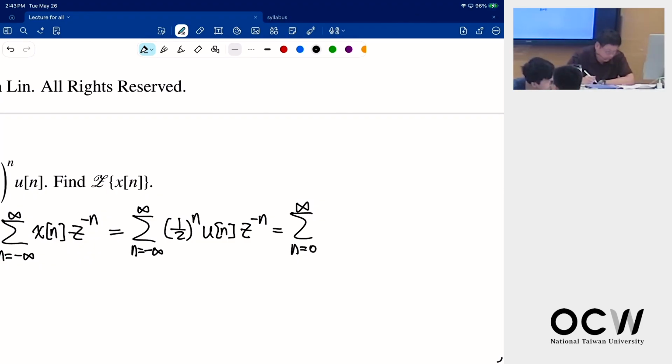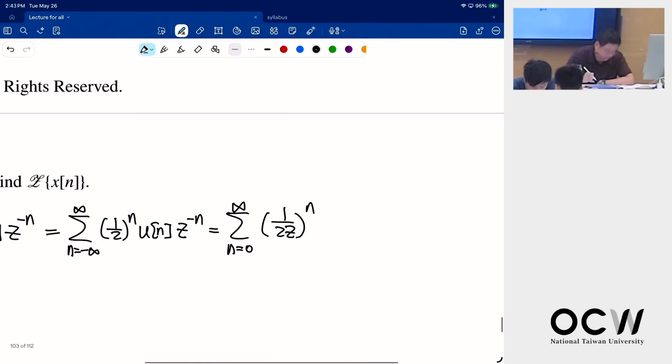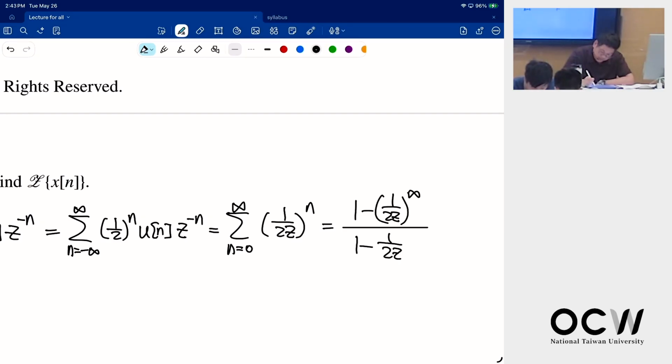So here you have 1 over 2z to the n. You will get 1 minus 1 over 2z to infinity, over 1 minus 1 over 2z.